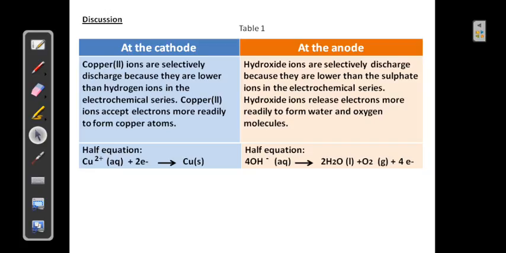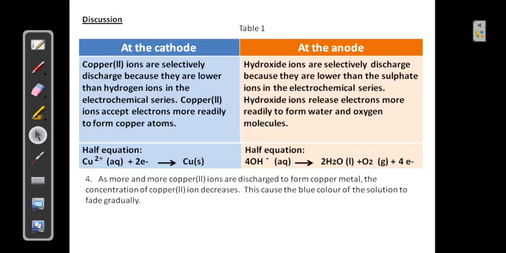This happens when they give away the 4 electrons that they have taken earlier. So they just gave off these 4 electrons, so they are back to themselves. They are balanced. So you have 2 H2O molecules and an oxygen gas.